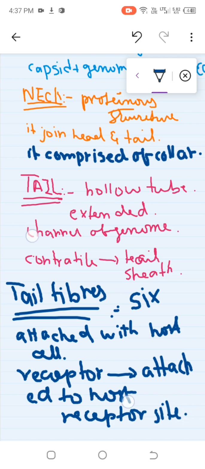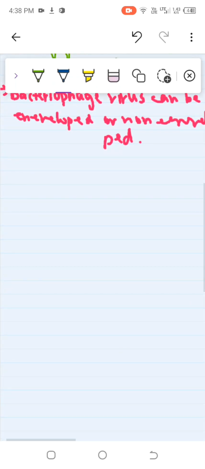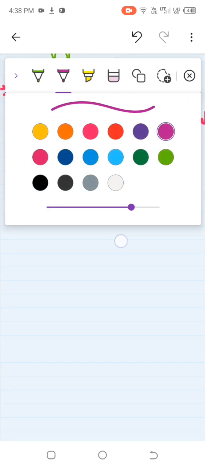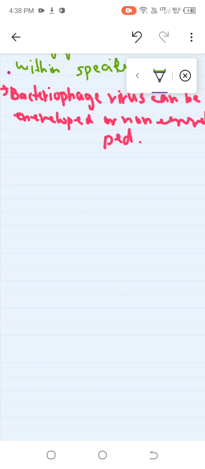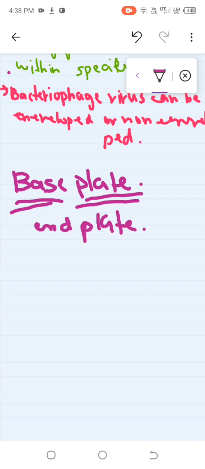Fine, now the last concept we have is the base plate. So the base plate is also known as the end plate, and the shape of this base plate is basically saddle shape.